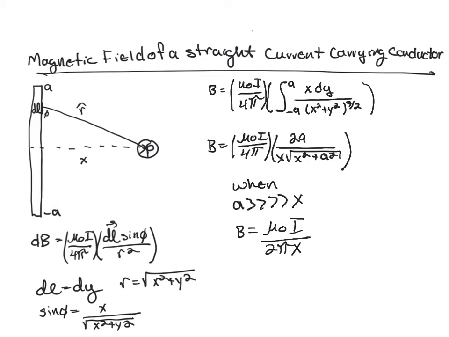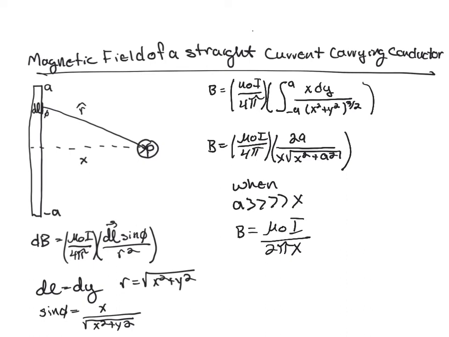Now, we have to remember the right-hand rule. For the right-hand rule for this one, we're going to point our thumb in the direction of dl, or the current, and we're going to use our fingers to wrap around. So if you want to see what this looks like, you can look at page 927 in the textbook.